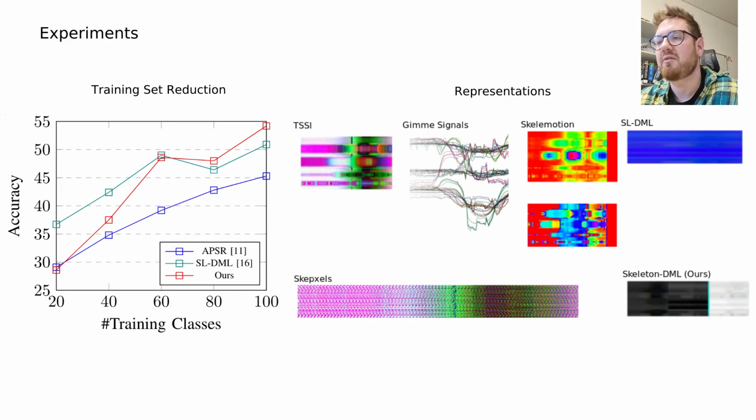With a lower amount of training classes, we are outperformed by the SLDML baseline. Also, we outperformed the dataset baselines by the authors of the NTU RGB+D 120 dataset, starting from 40 classes.